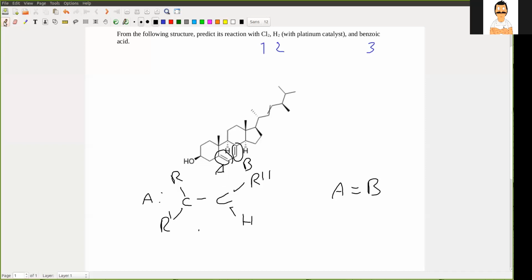So that's reaction 1. For reaction 2, let's start back at the beginning. And what you would do is you would have hydrogen gas. Hydrogen gas by itself won't do anything. It'll just stay there, won't break any bonds or anything like that. But if you add this platinum catalyst, or it could be a palladium catalyst or any number of other catalysts, you break the double bond, and then on either carbon you add those hydrogens.